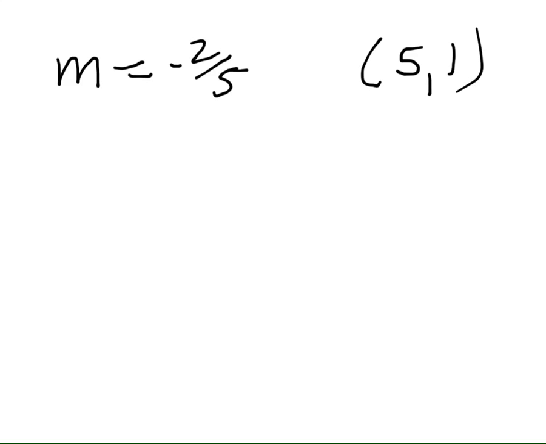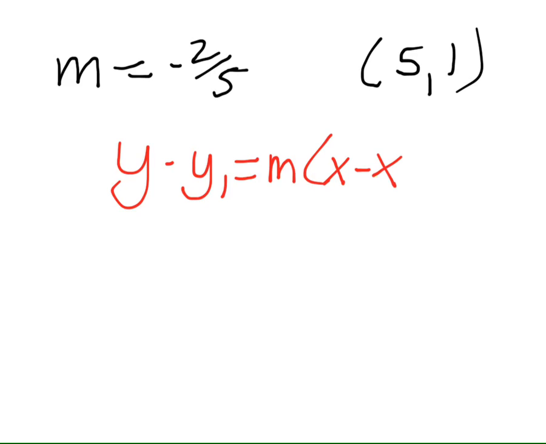I want you to just put that in point-slope form and stop. Again, this is point-slope form. Plug in those three things and write that on that line. This is what you're given. This is number 4 on that sheet.